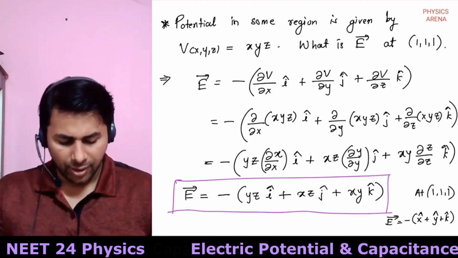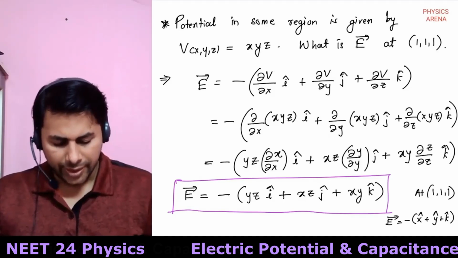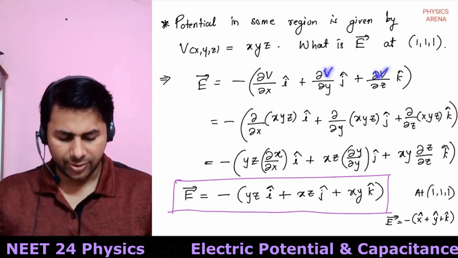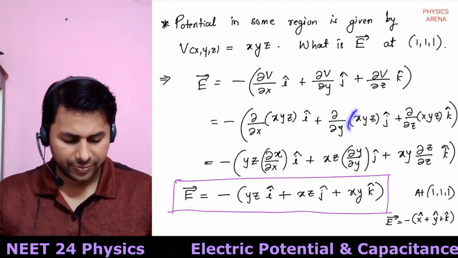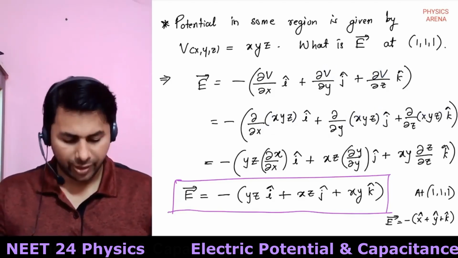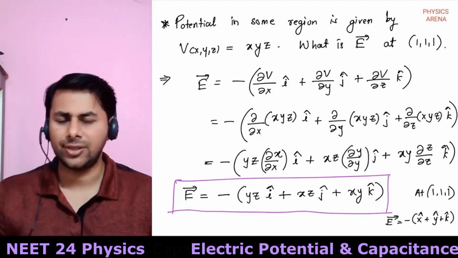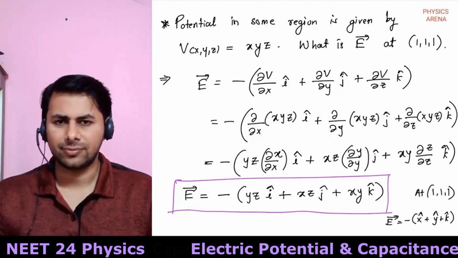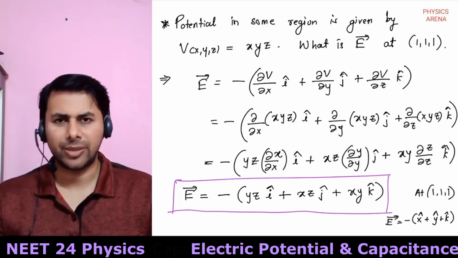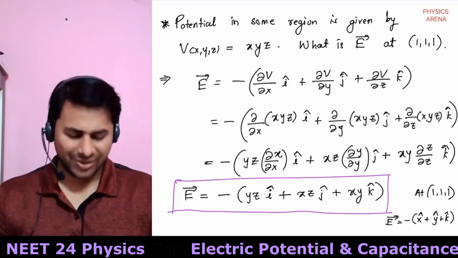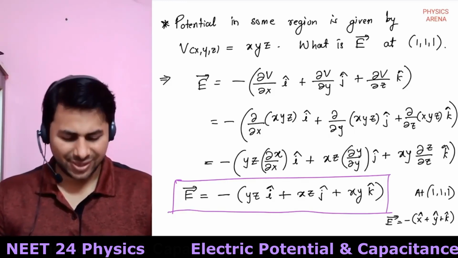So now see, you will put V equals xyz here, here as well as here. Then you are taking derivative with respect to x. So what is constant? When you take partial derivative with respect to x, y and z will be treated as constants.